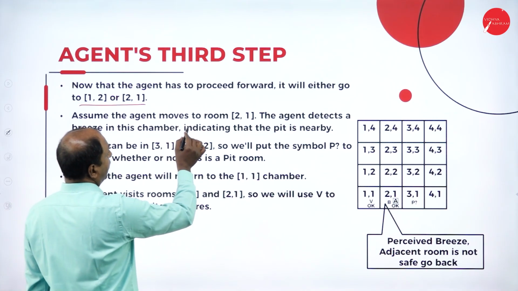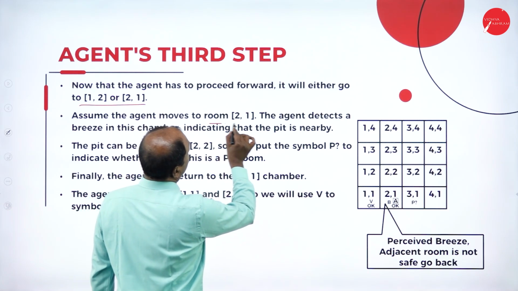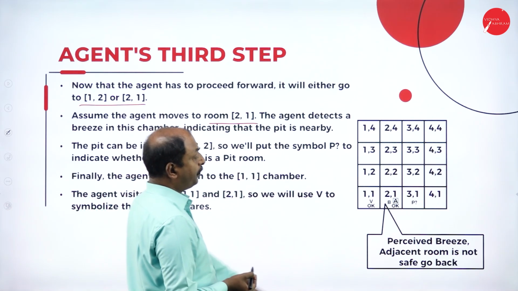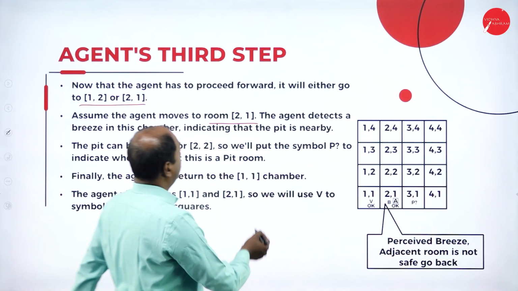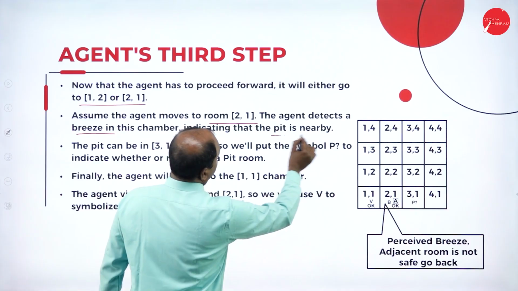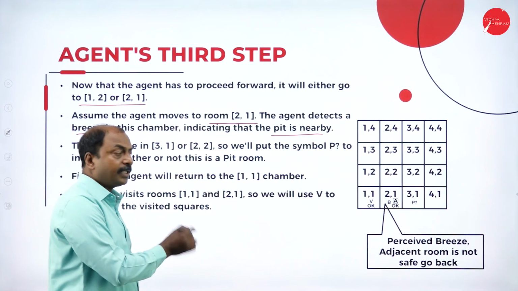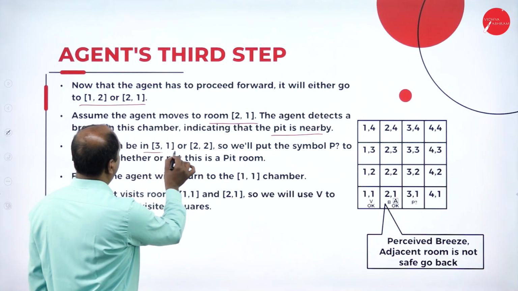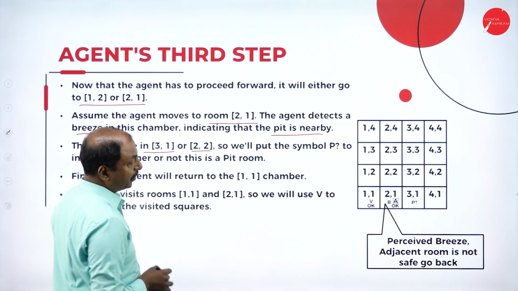Assume that the agent moves to room 2,1. He perceives the breeze, indicating there is a pit nearby, as per the condition of the problem. Now the pit can be in 3,1 or 2,2.